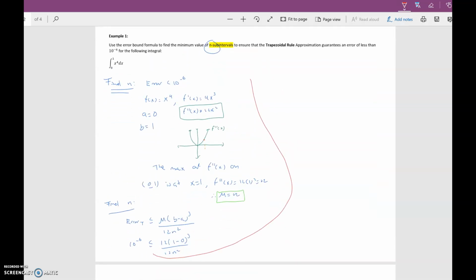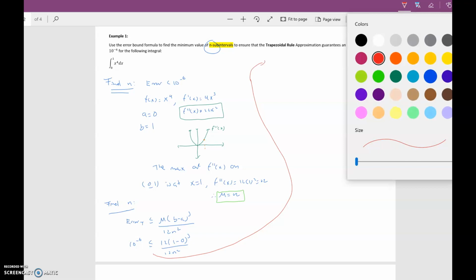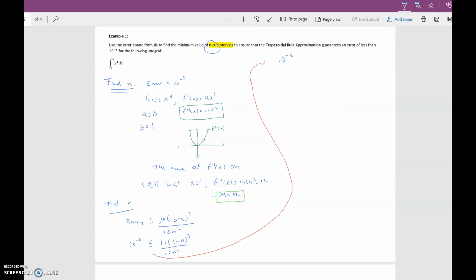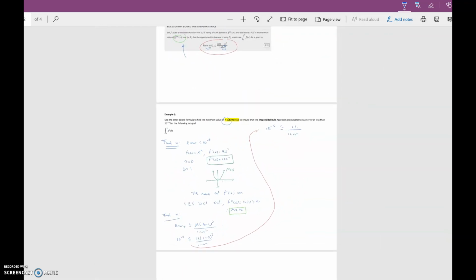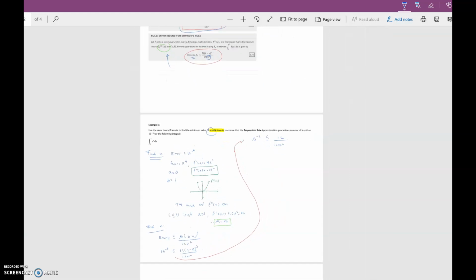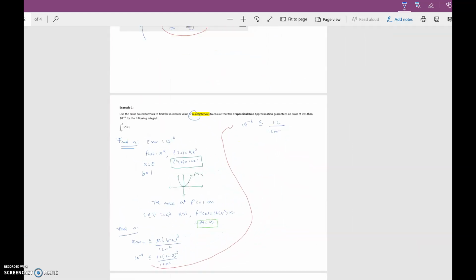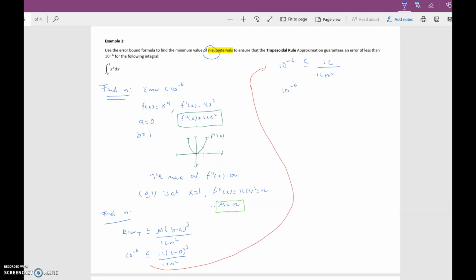Let me move the problem up here. We have 10 to the negative 6 less than or equal to 12 over 12n squared. Let me double check. Yeah, there is a 12. So this gives us 10 to the negative 6 less than or equal to 1 over n squared. Let me multiply by n squared, and we get n squared times 10 to the negative 6 is less than or equal to 1.